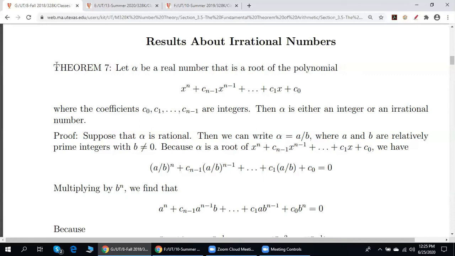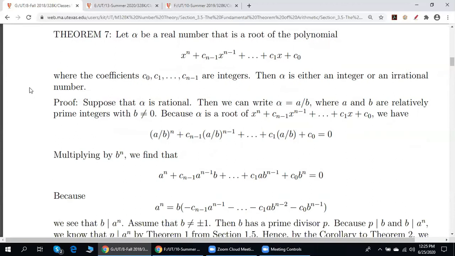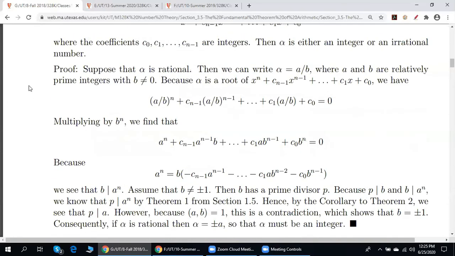I don't think I follow one line of reasoning. Yes. That we proved that alpha, if it is rational, has to be an integer. Yes. I don't understand why that also proves that alpha can be irrational as well.